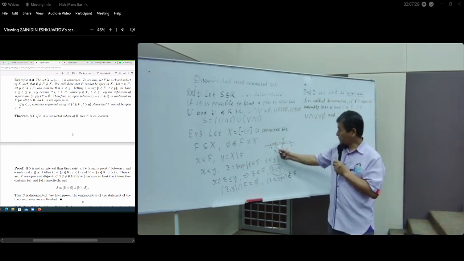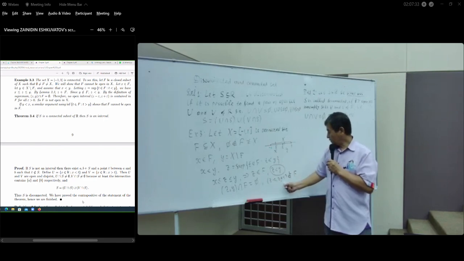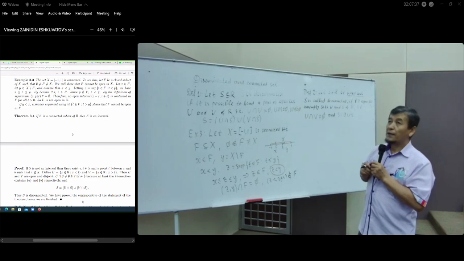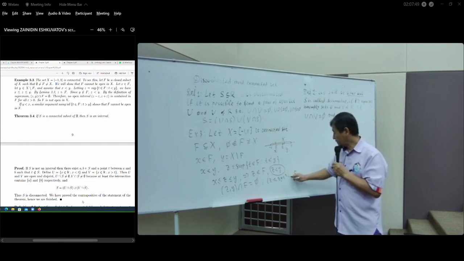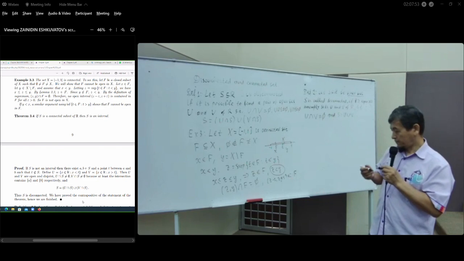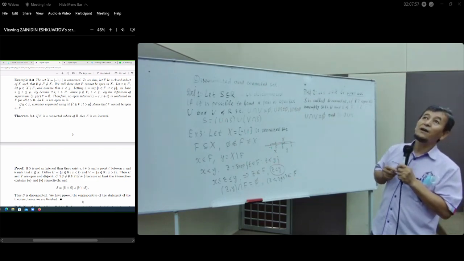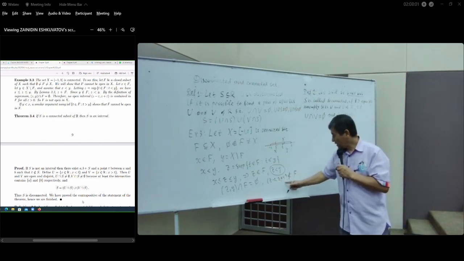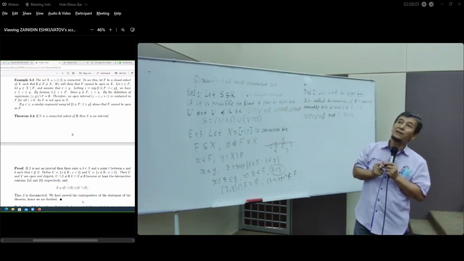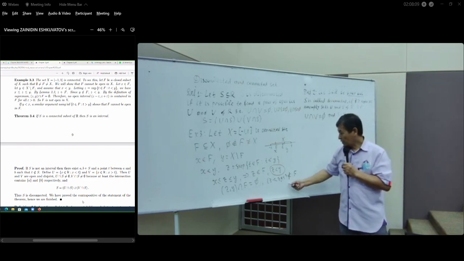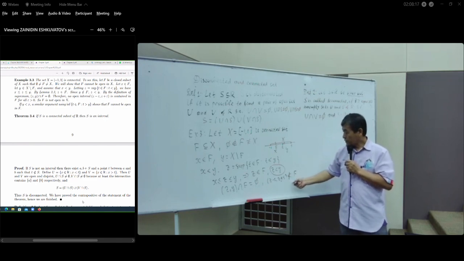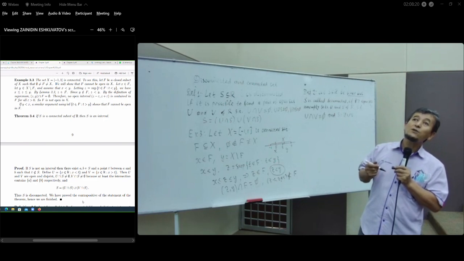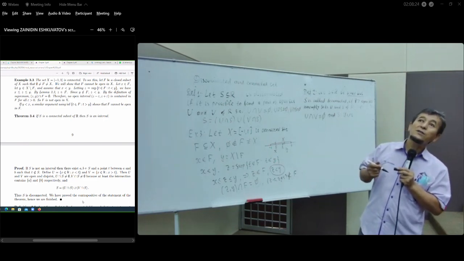So if Z is a supremum of F, this interval is not contained in F. Therefore no open interval is contained in F. Because Z is a boundary point for F, this one cannot be completely in F. So it means F is not open.